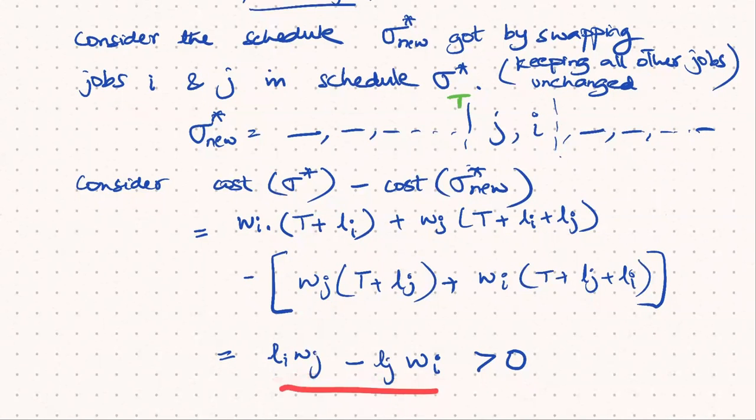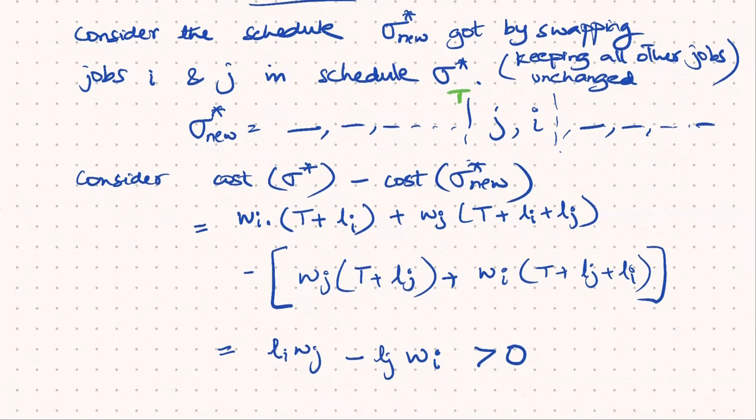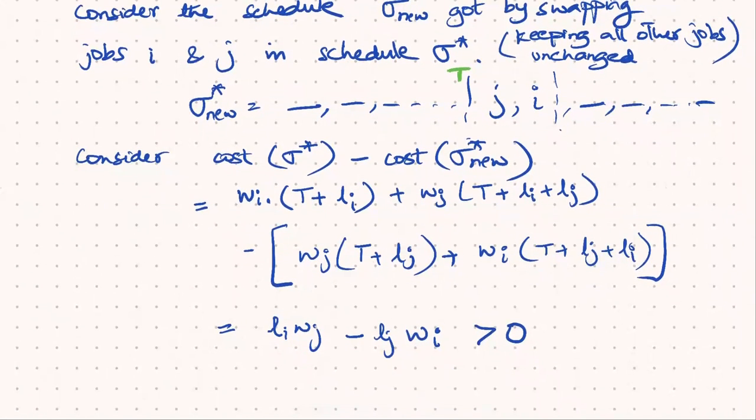So this entire expression is greater than 0. Okay, so are we done? What we are basically saying is that this is positive. That is, the cost of sigma star is greater than the cost of sigma star nu.